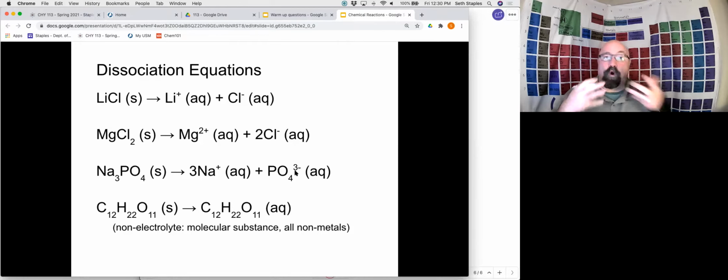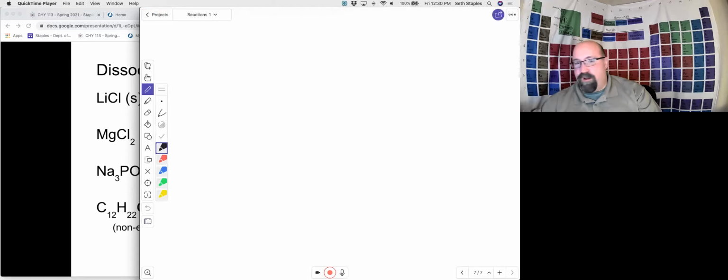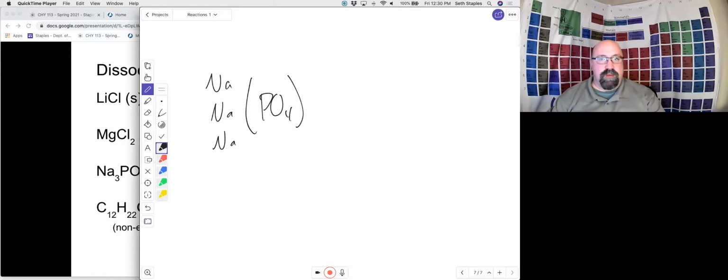And so all 4 of those are now going to be floating around in the solution. Again, if we take a look at what that really looks like so that you can see what's going on there, what I started with is something like this. All 3 Na's bound to the PO4.